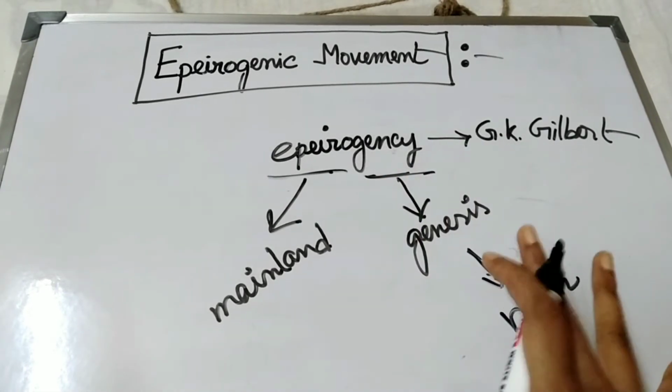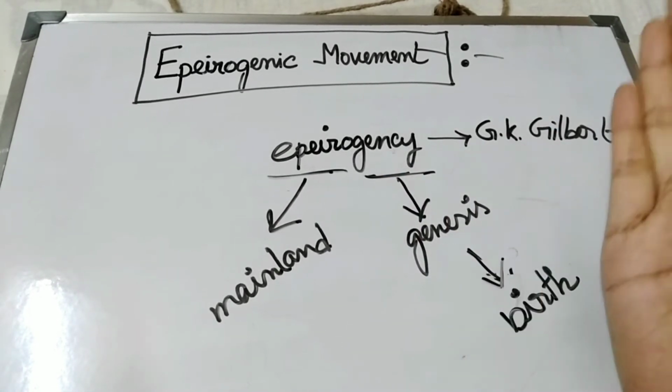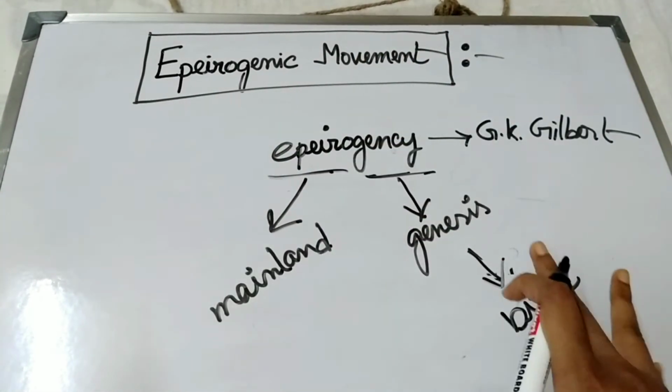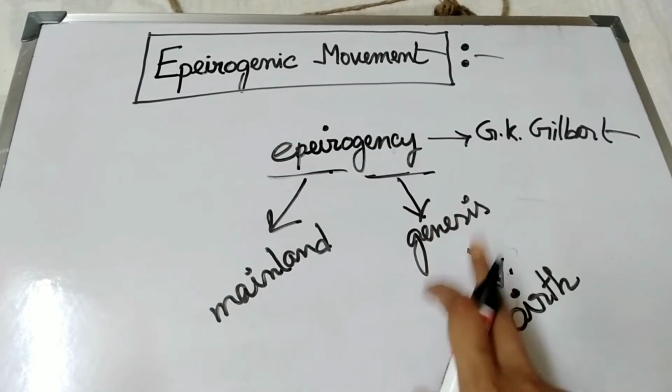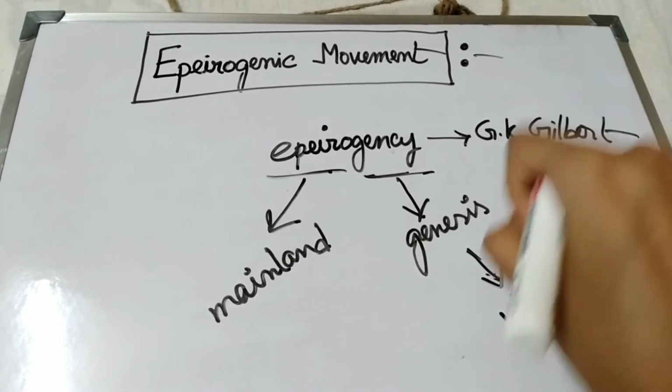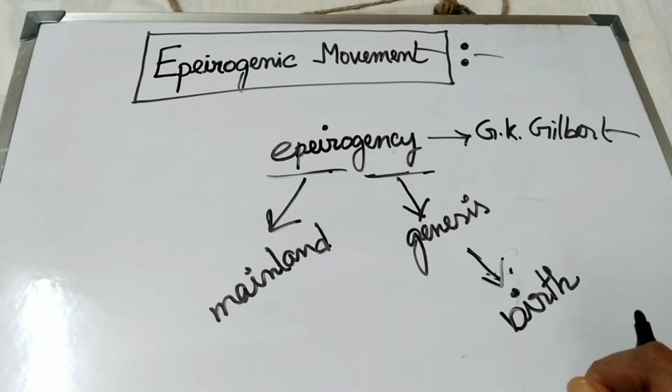It is a movement of the earth's crust in a vertical or radial direction, and it affects broad areas of the continent. This movement causes not only elevation, upliftment, but also subsidence of extensive areas of the earth's crust.